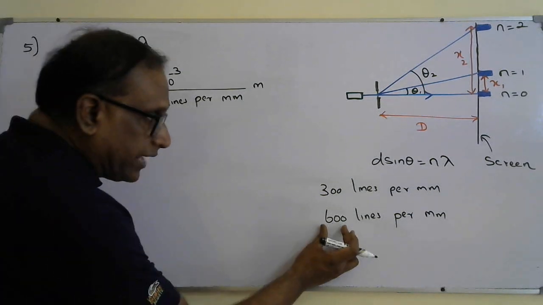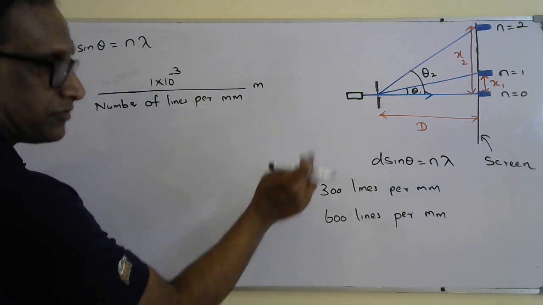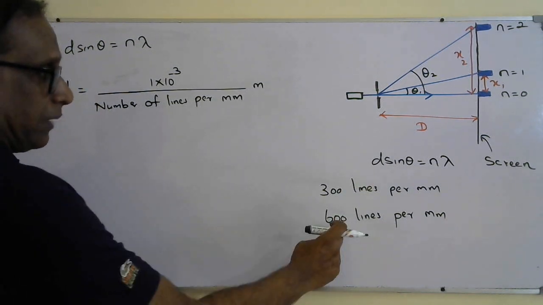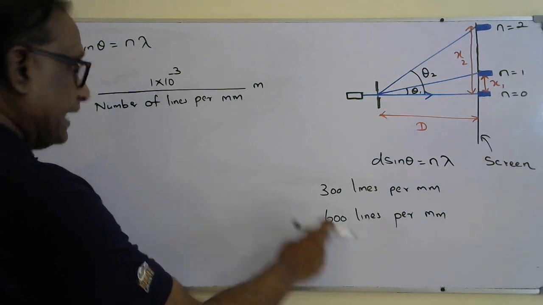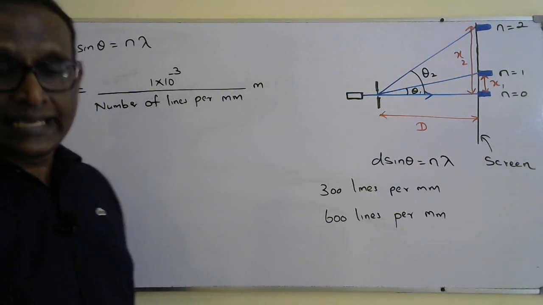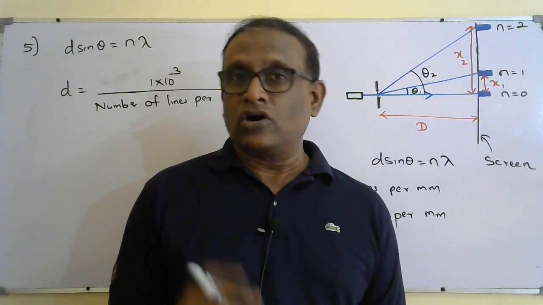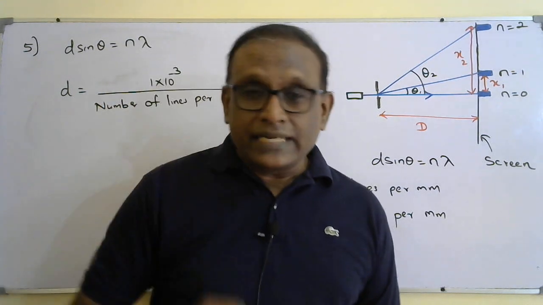That's the way I explained when I started this lesson. So when the number of lines per millimeter increases, 300, 600, just for example, the denominator is increasing, so the value of d will decrease. The distance between the adjacent slits will decrease.